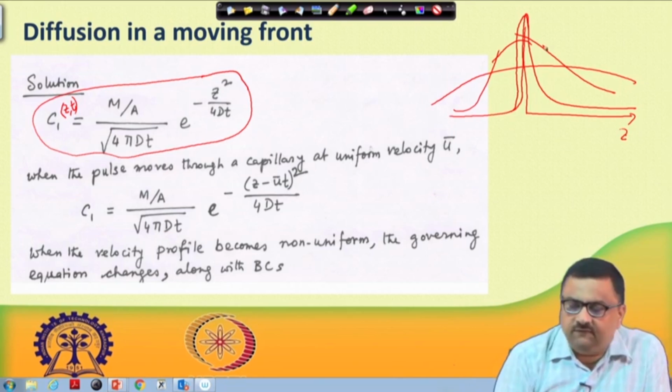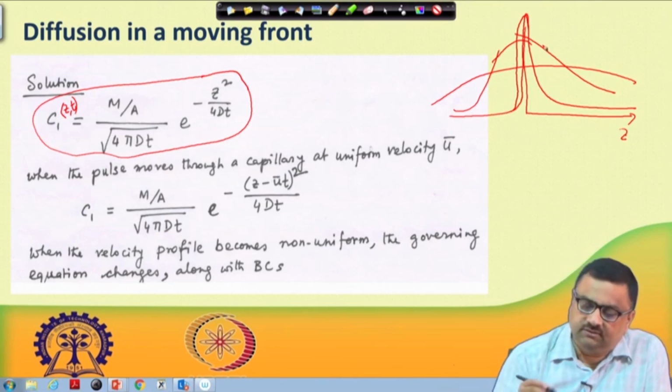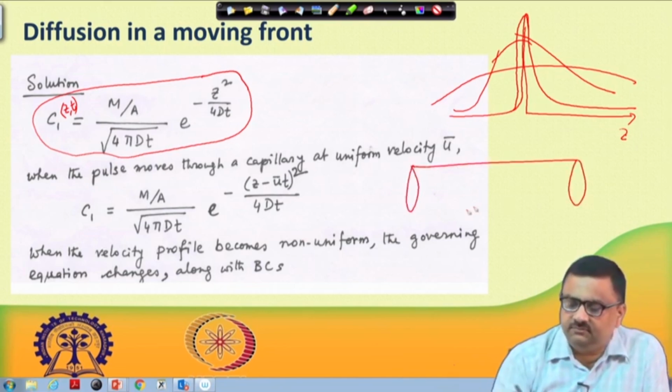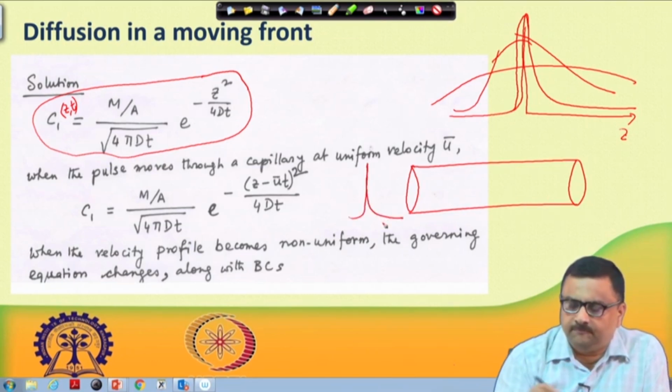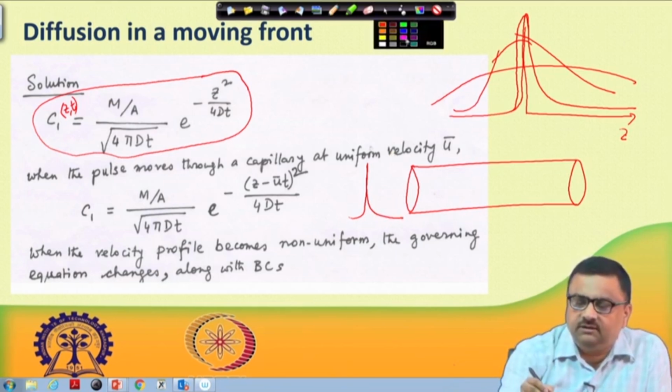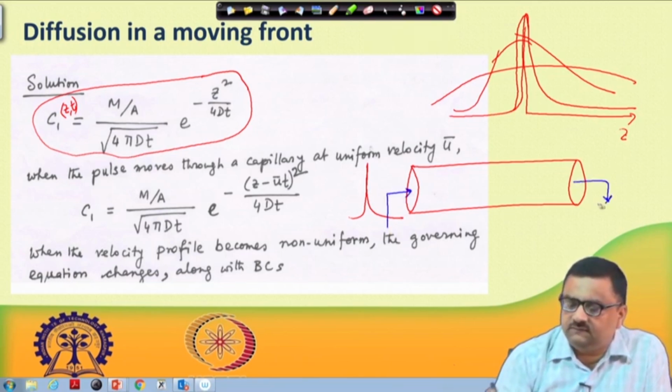Now if we place this whole thing inside a porous medium, suppose this is the porous medium, and here we introduce a pulse like this. How are we introducing a pulse? We are having a continuous flow through this porous medium, injection of fluid is going on.